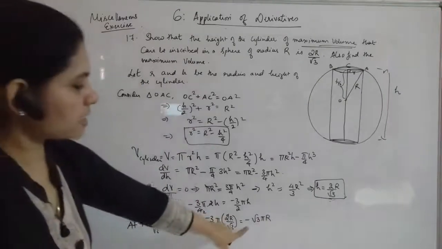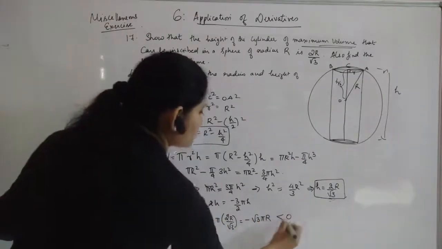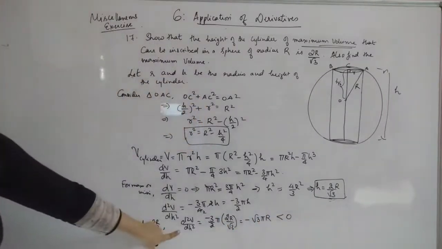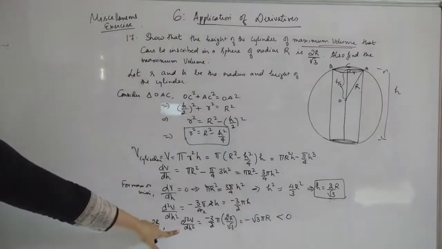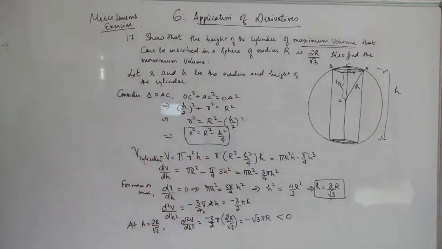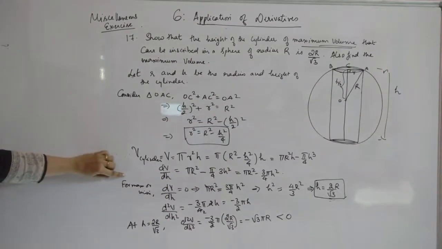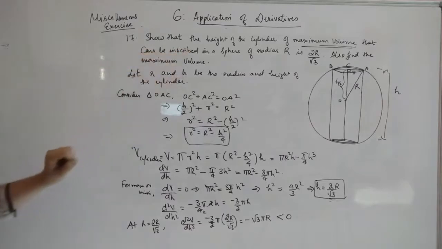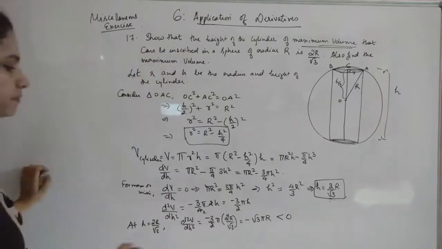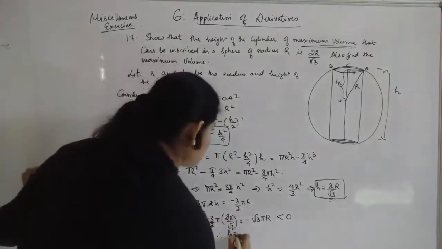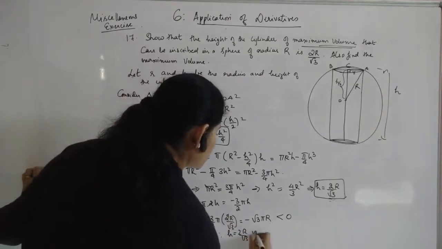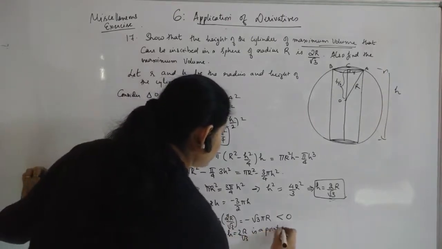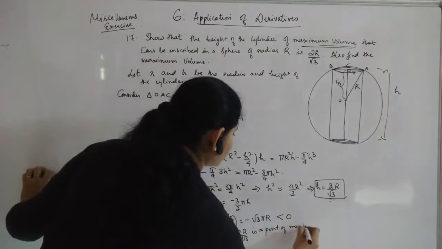You have a negative sign, so it is less than 0. Since the second derivative is less than 0, the point h equal to 2r by root 3 is a point of maxima. Therefore h is equal to 2r by root 3 is a point of maxima.